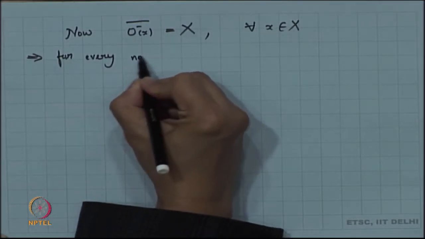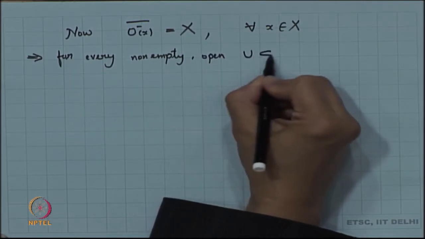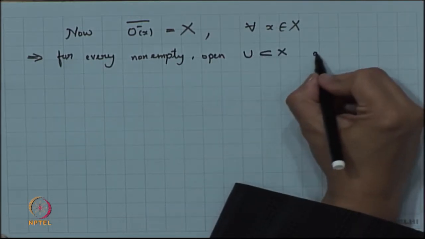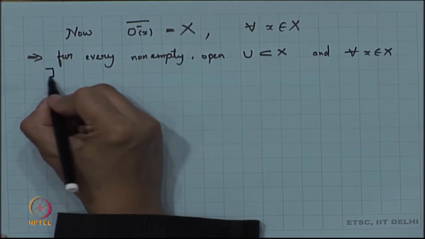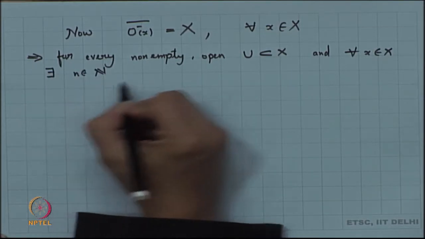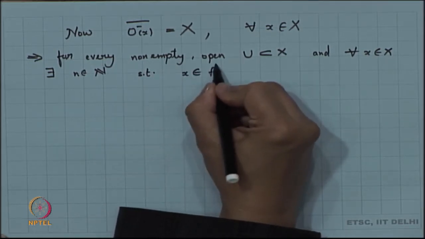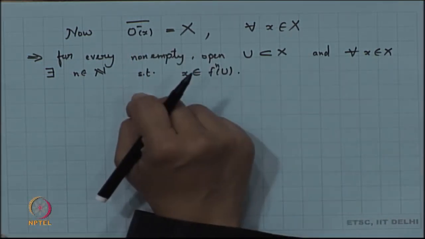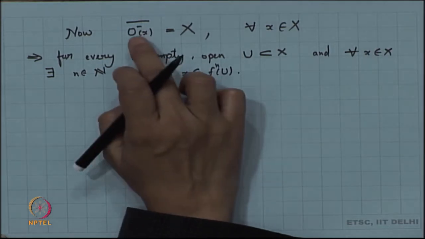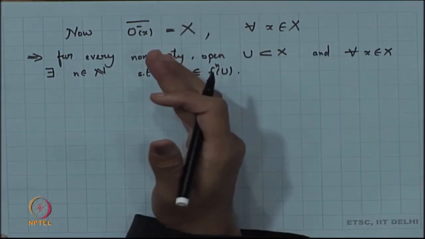This implies that for every non-empty open U and for every x in X, there exists an n such that x belongs to f^n(U), because for a given x there will be some n such that f^{-n}(x) will intersect U, since the backward orbit is dense, and that would mean that x belongs to f^n(U).